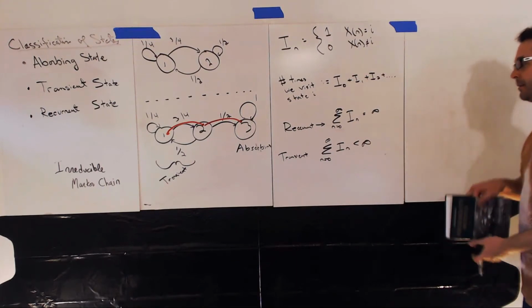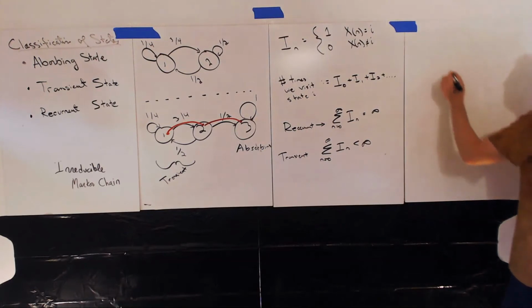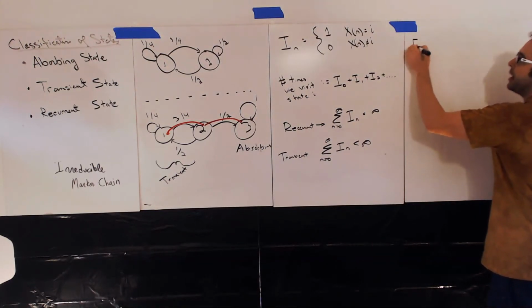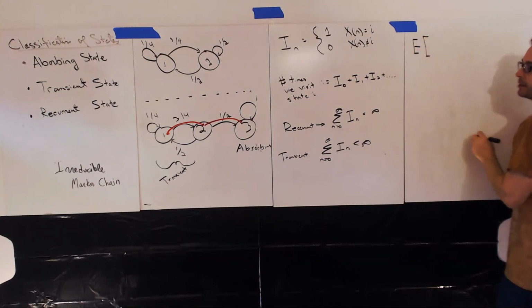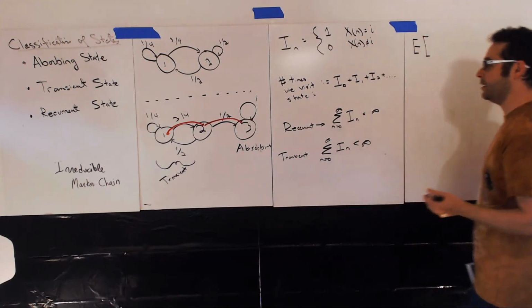So let's take the next step, and we can actually calculate. One useful thing to do is to calculate how many times we expect to visit a particular state I. Okay?